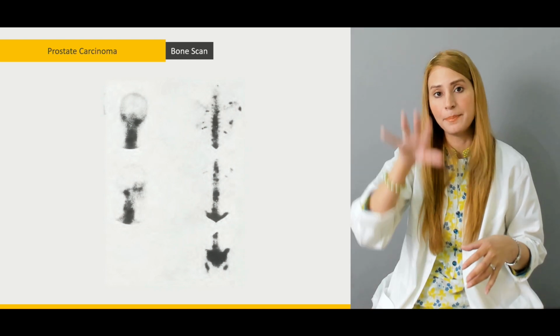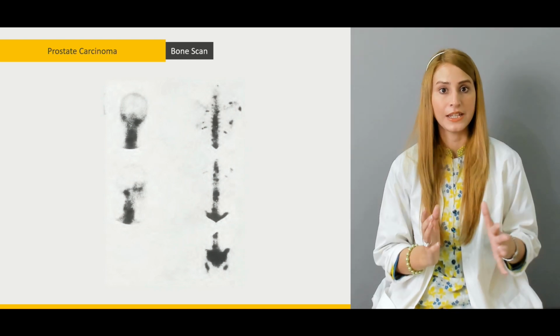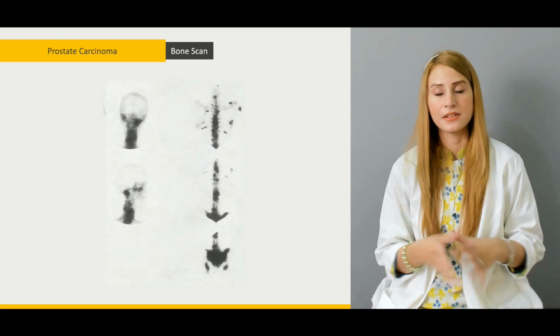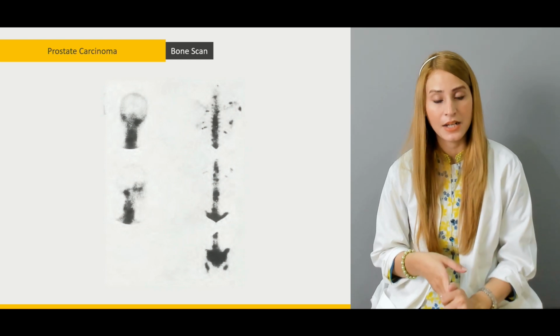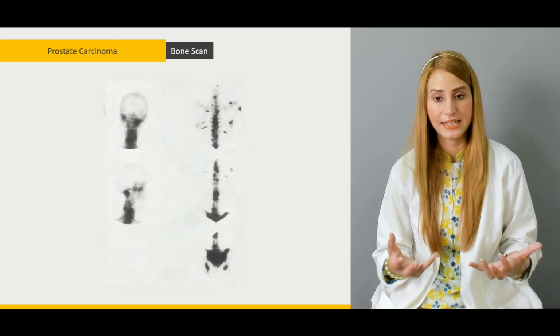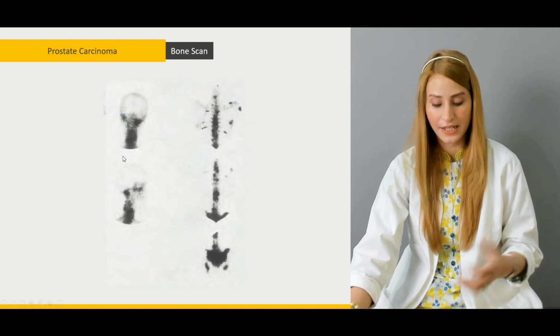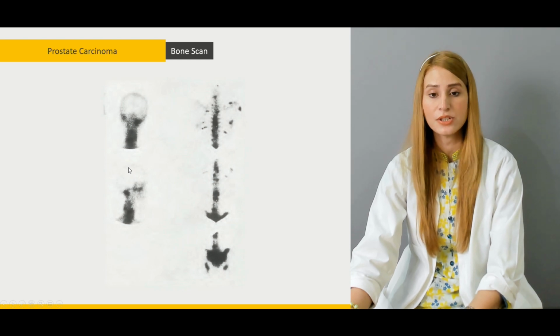In a bone scan you scan the whole vertebral column and the other common bones metastasized by prostate cancer. You can see the lytic lesions in the bone scan. So that's why bone scan is very important for metastasis.